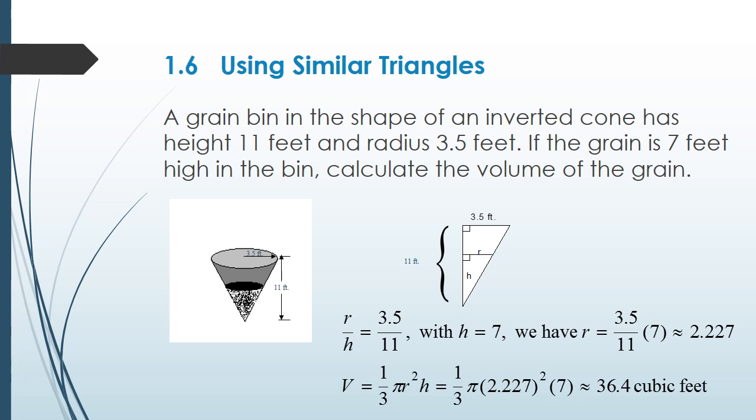They don't have it all spelled out here, but if you have 3.5 over 11 equals r over 7 and you cross multiply, you end up with r equals 3.5 over 11 times 7. When you multiply that out, you get 2.227. Now you can use the volume formula, 1/3 pi r squared h. It's 1/3 pi times 2.227 squared times 7, and it gives us about 36.4 cubic feet.